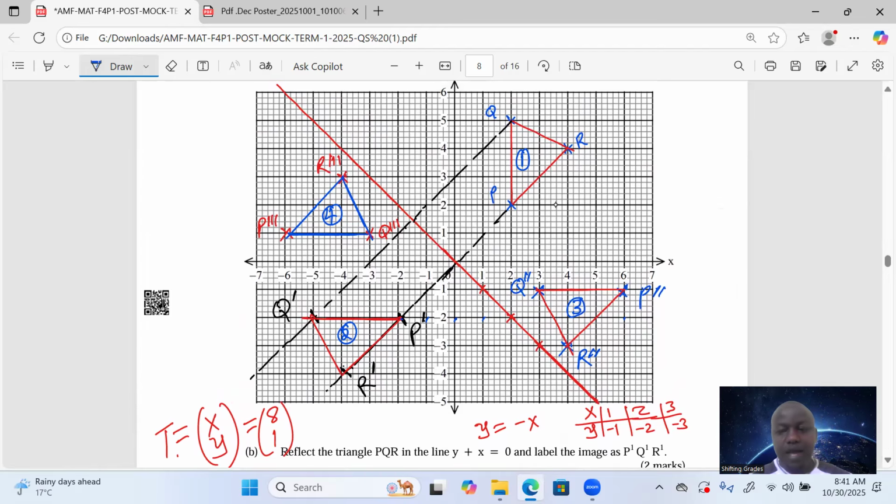The idea here, you're supposed to know first, this is not an enlargement. The figures are congruent. You can see angles are equal and even sides. It has not been enlarged. So it's not a shear, it's not a stretch, it's not an enlargement. So let's check. Could it be a rotation? Could it be a reflection?